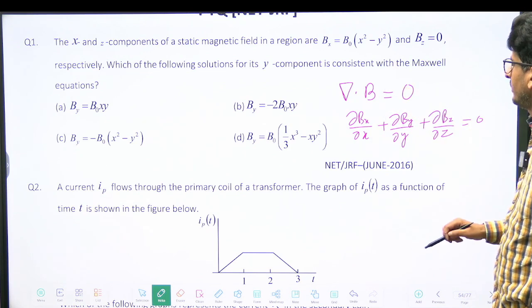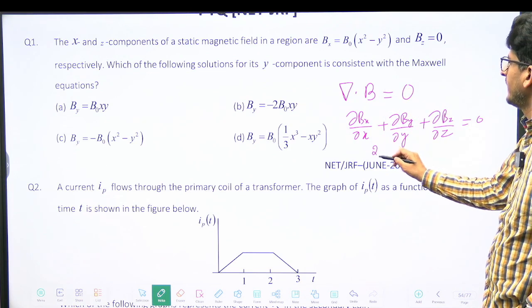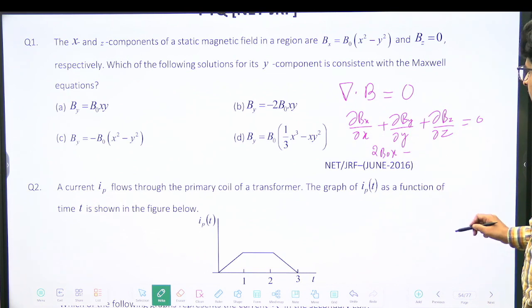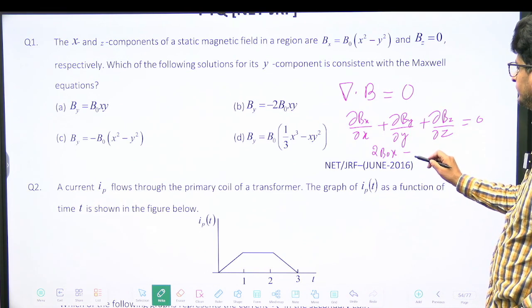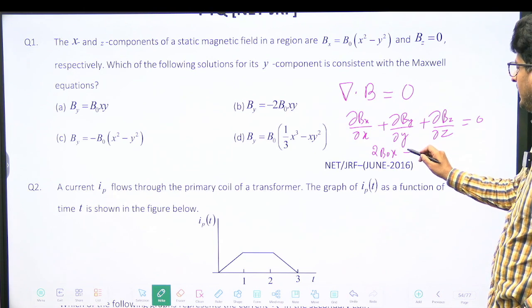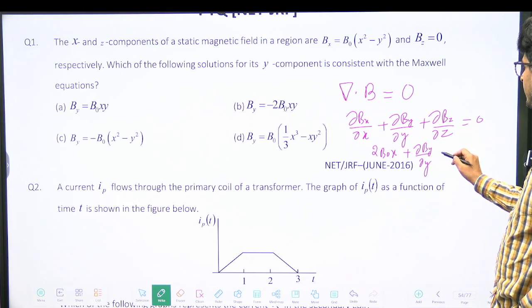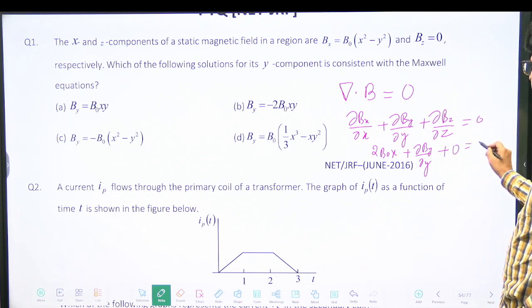Now Bx component is given, it will become 2 times B naught x plus del By by del y plus 0 is equal to 0.